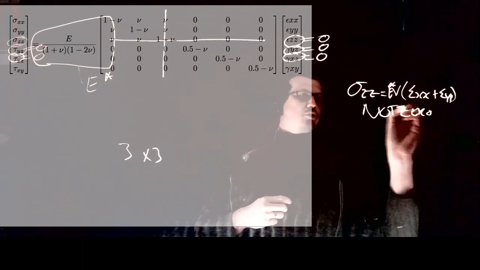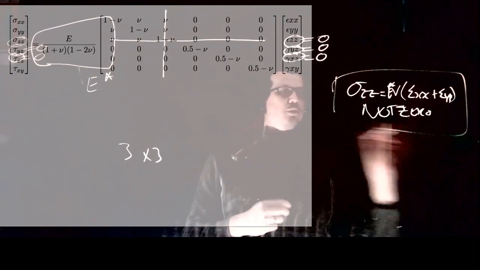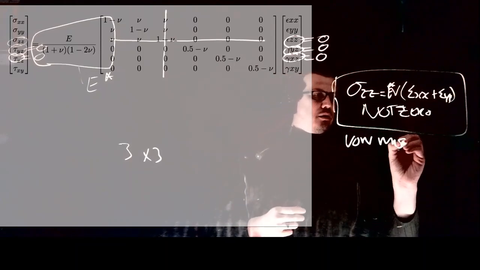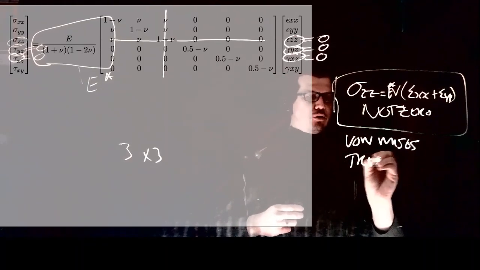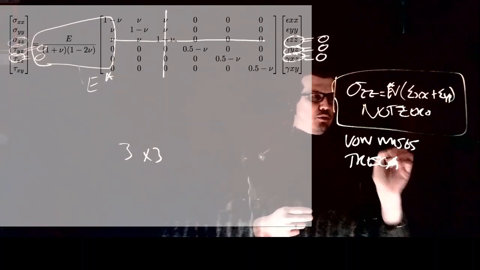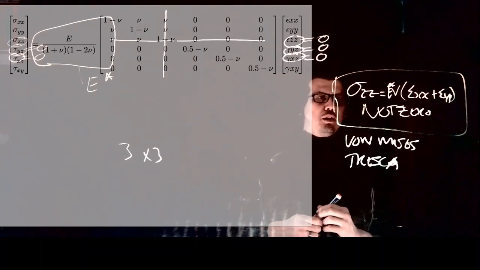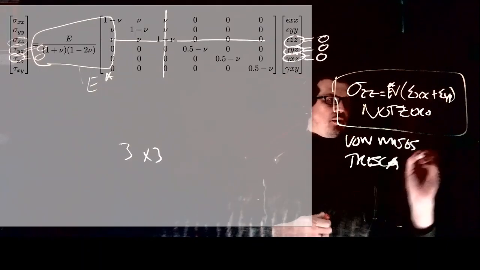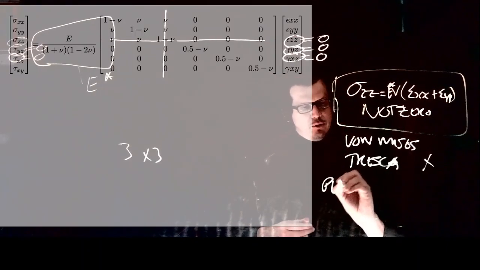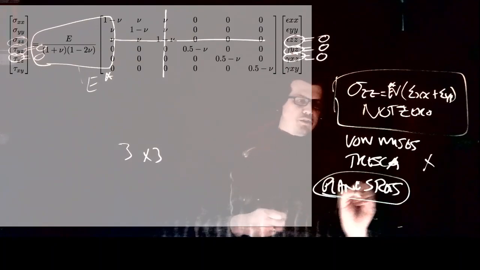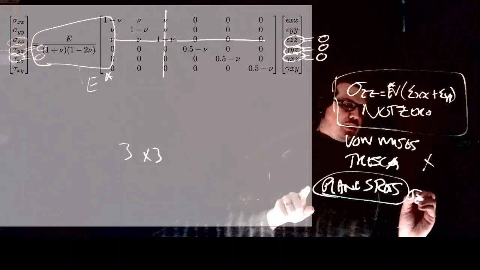Critical. Please make sure you follow this, because if you were to calculate, for instance, von Mises or Tresca, and you do plane strain and don't consider this to be equal to some value, you'll do it wrong. Also for plane stress, if you do Tresca, then you know sigma ZZ is equal to 0.